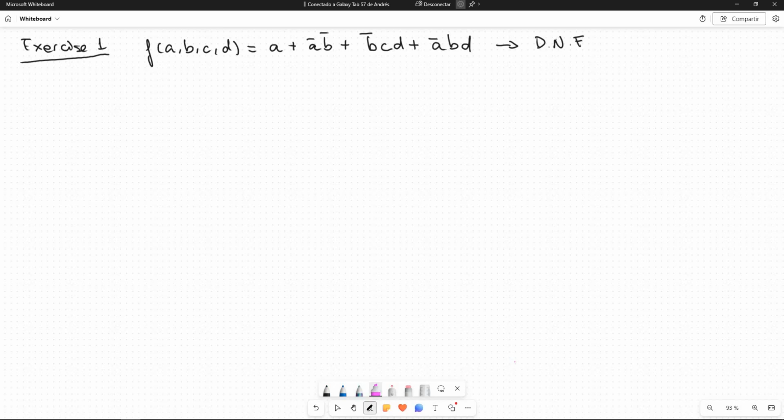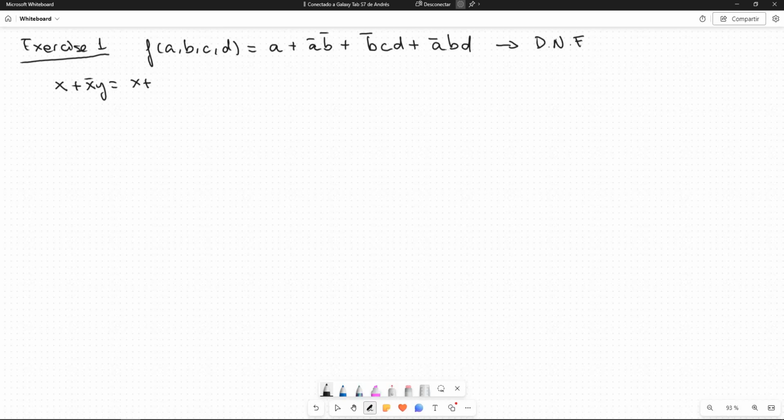Here I see that I have one variable and the same variable negated multiplying another thing. If we look at the consensus law, we have that this can be simplified as this.